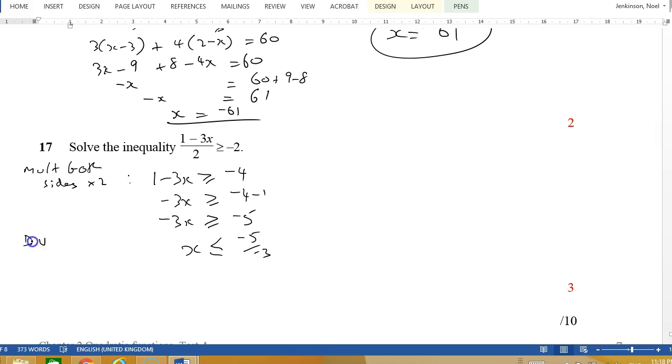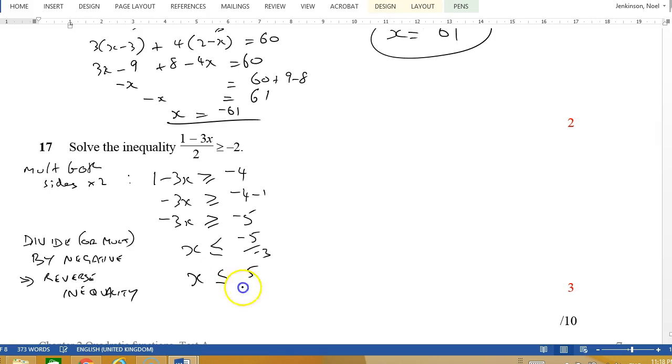If I divide or multiply by a negative, this leads us to reverse the inequality. Probably pretty important. X is less than or equal to 5 on 3 is the final answer there. X less than or equal to 5 on 3.